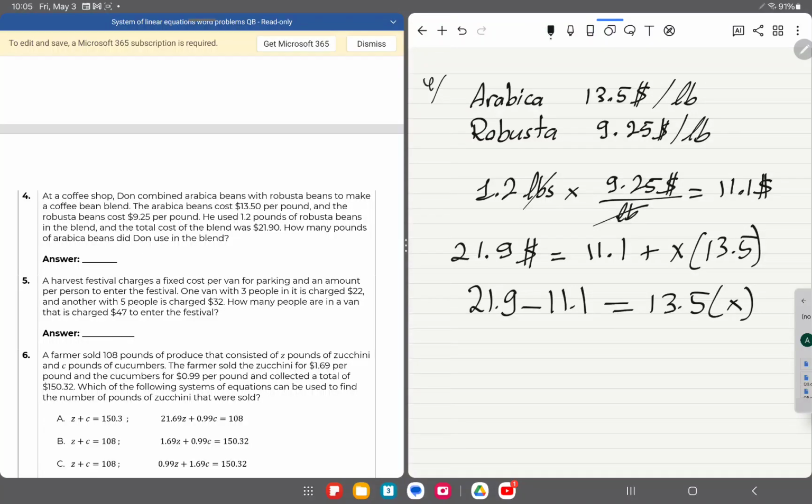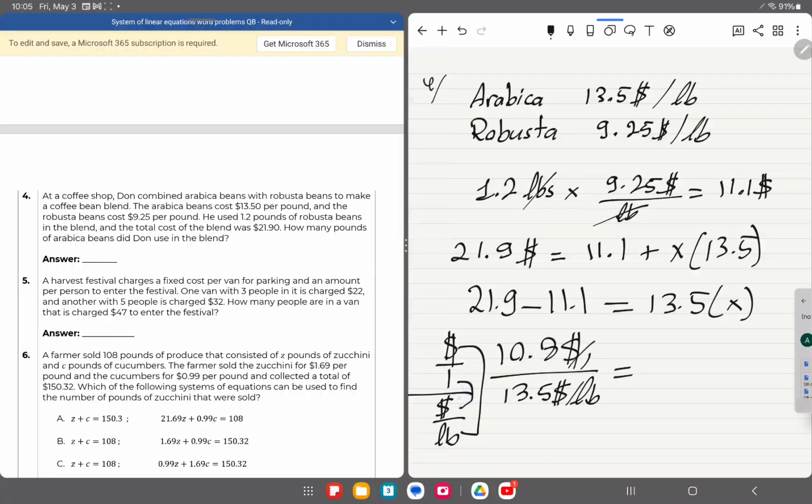I got $10.8 over $13.5 per pound, dollars over dollars per pound. Dollars and dollars go away, and you're left with pounds. So this is 0.8 pounds.